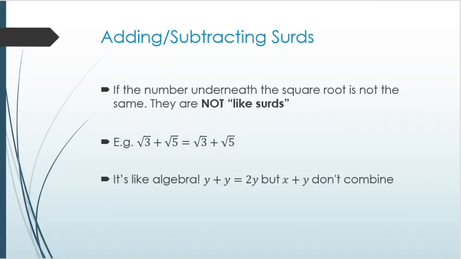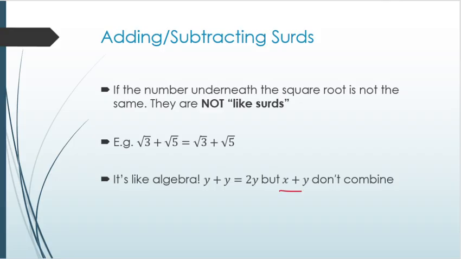So in this slide here, if by chance you get questions where you're adding and subtracting and there are no like surds, okay, you must keep them separate, okay? So in my example here, I have square root of 3 plus square root of 5. As you can see here, 3 and 5 are not the exact same. They're not the same. So it's just like algebra.